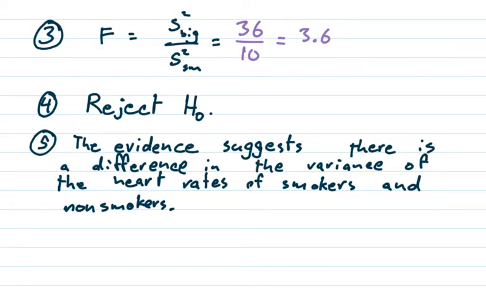And so going back, we had sigma 1 squared is not equal to sigma 2 squared. That's all we had. So we say there's a difference in the variance. The evidence suggests this. All right, so that's good for this one, and we'll do the next one in just a moment.